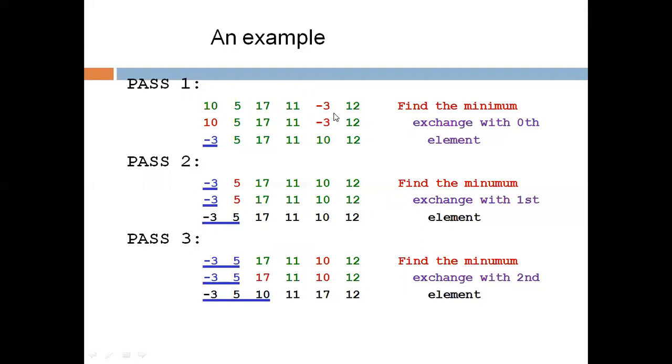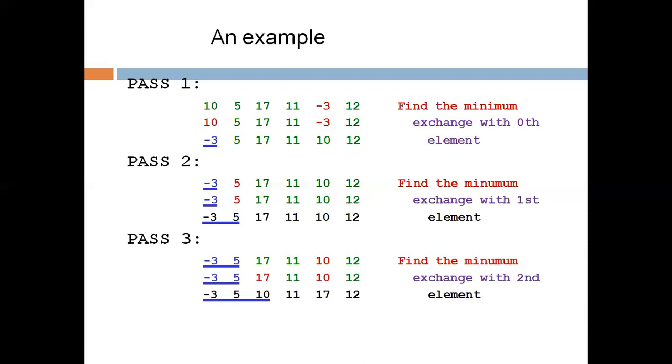We will discuss the algorithm at last. So this -3 and the 0th position, both values will be swapped, and the minimum value of this list is now stored in its appropriate place.